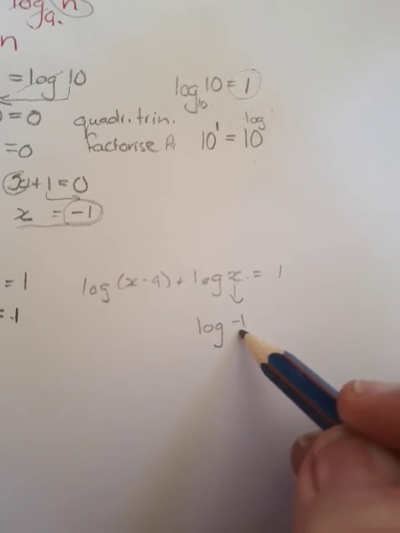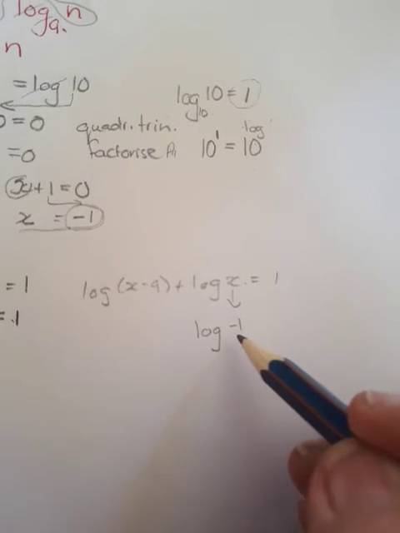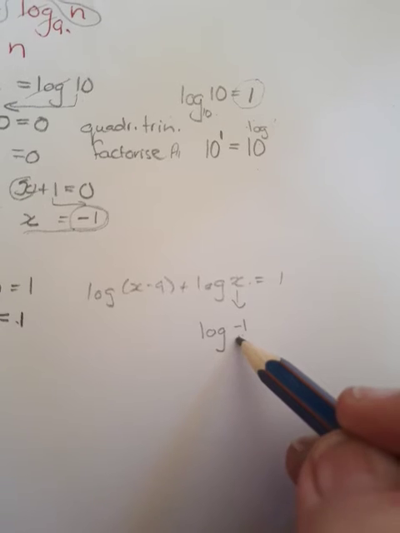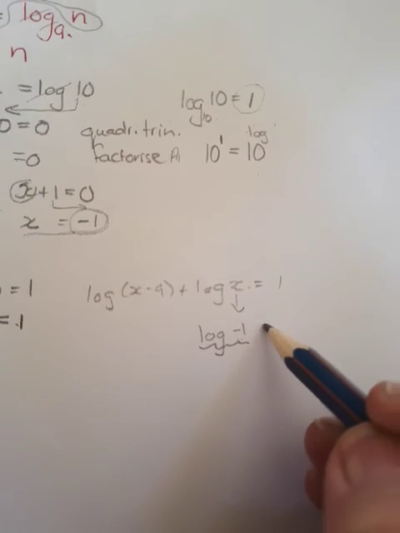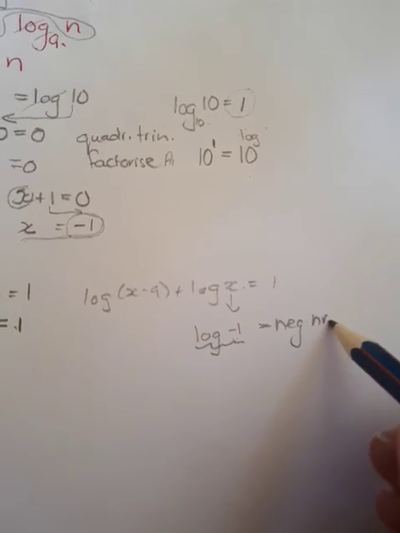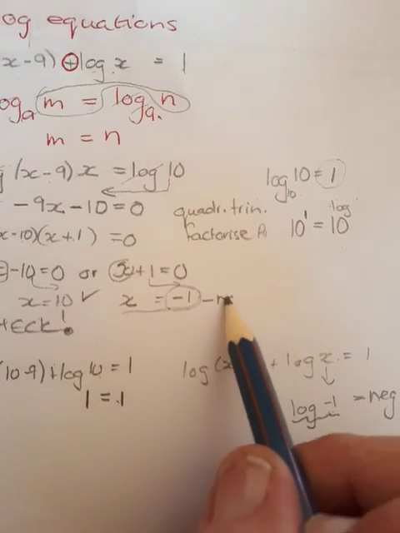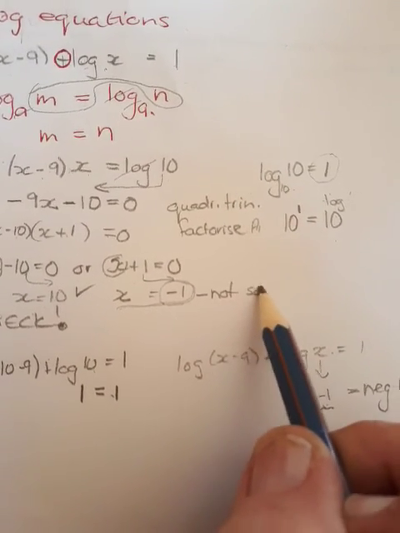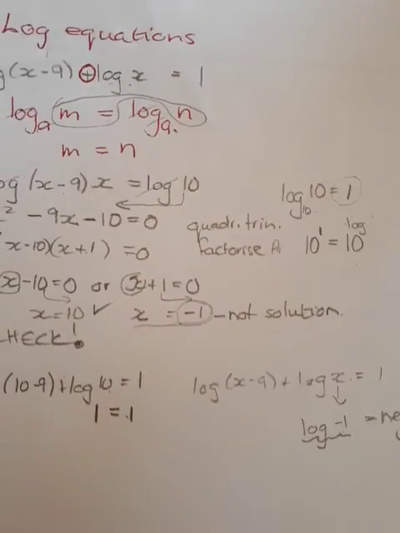And remember, there is no such thing as logs of negative numbers. So in this case, it is not a possible solution. You cannot get a log of a negative number. It is impossible. And therefore, you would say negative 1 is not a solution. I hope this is good.